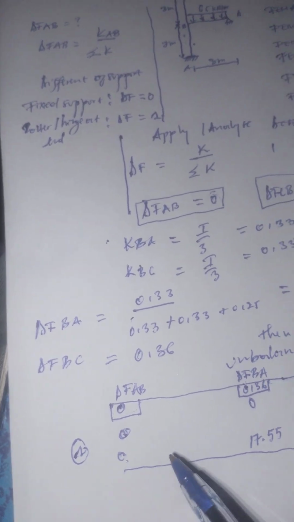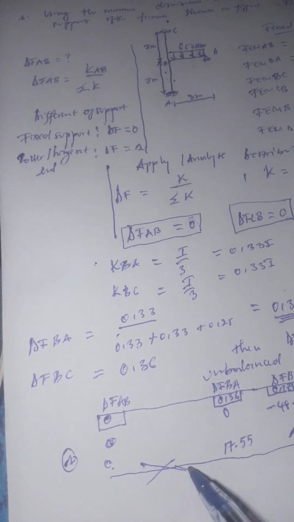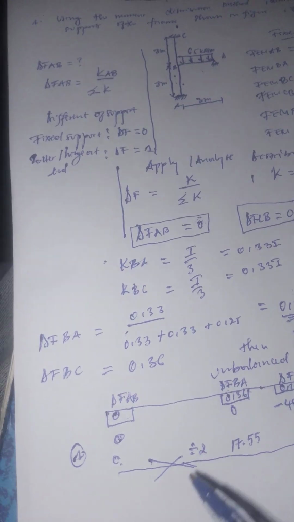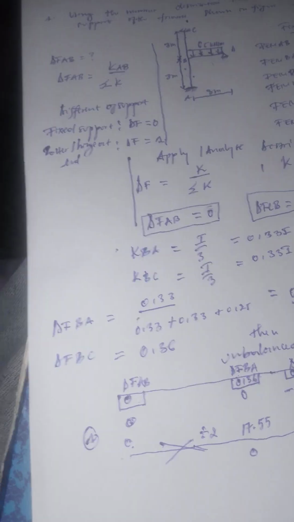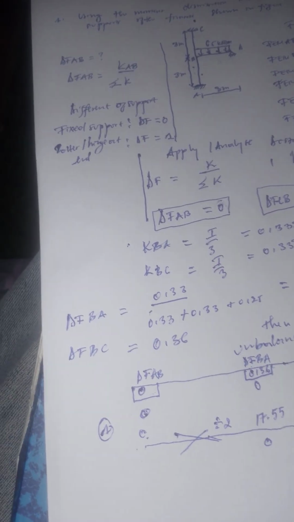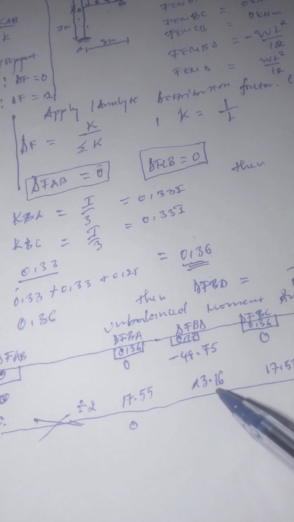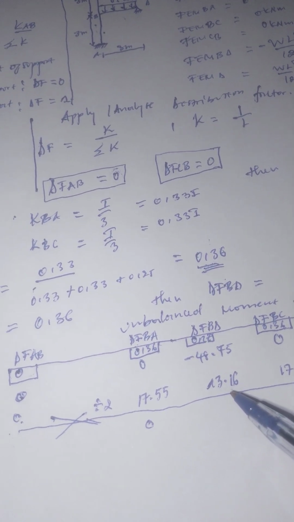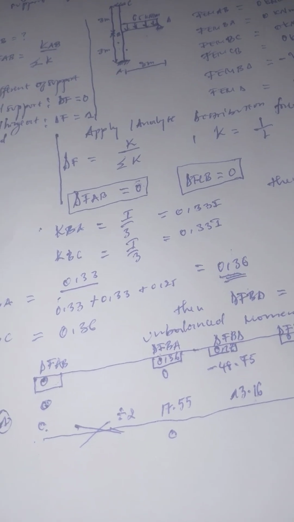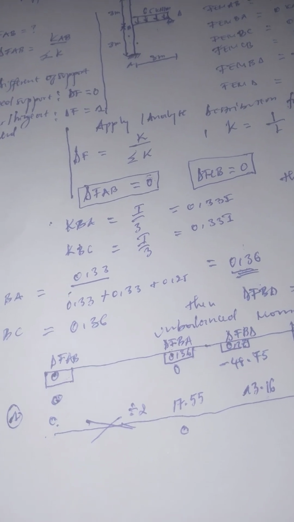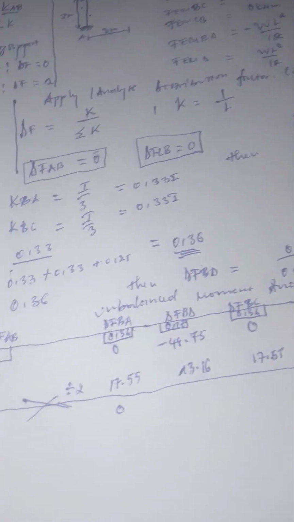Then we take this, then make close with divide by 2. Take this, then divide by 2. Here we have the 0, and here we take this 13.16, then divide by 2, then we pass here, and this we divide by 2.